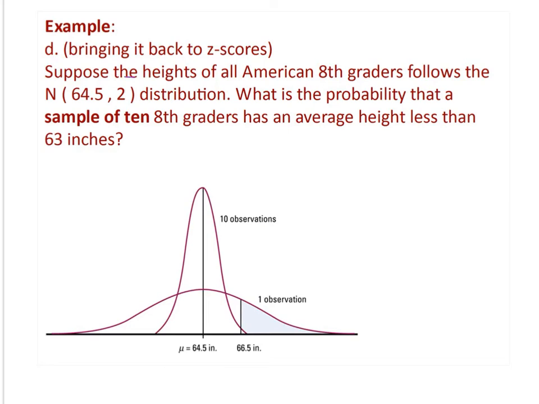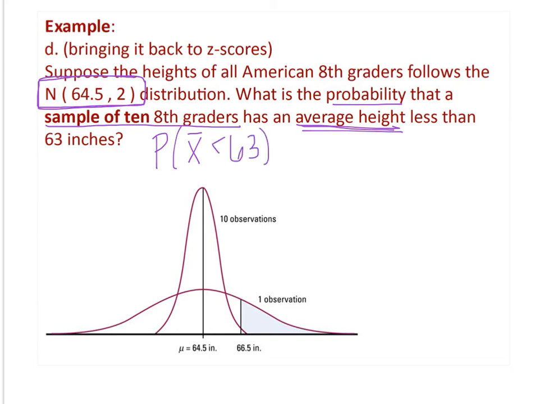So it gives me that same scenario where I have the mean and standard deviation of a normal distribution, but it says what is the probability that a sample of 10 eighth graders has an average height less than 63 inches? So if I think about what this problem's asking me, it's saying what's the probability that the sample mean, or that x bar, is less than 63.